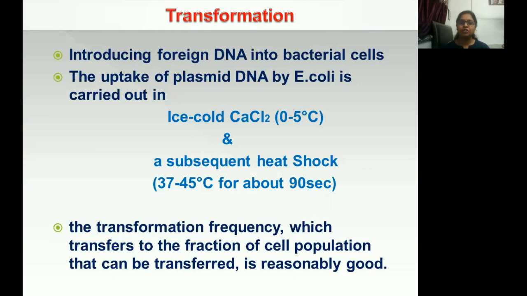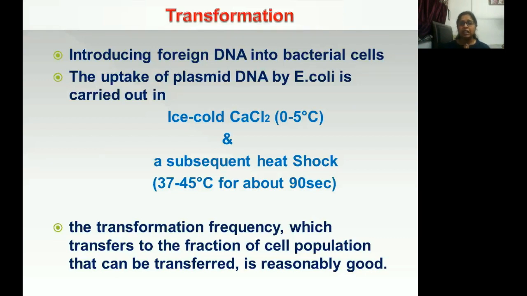The transformation frequency varies from bacterium to bacterium. It refers to the fraction of the cell population that can be transformed. We are not transforming the complete population, only a fraction, and it is reasonably good.